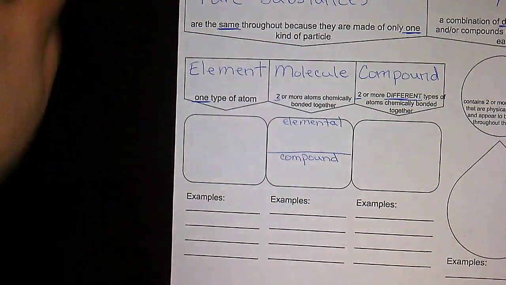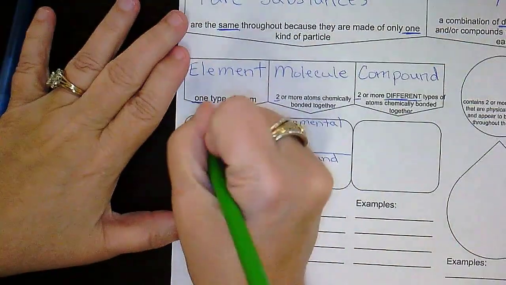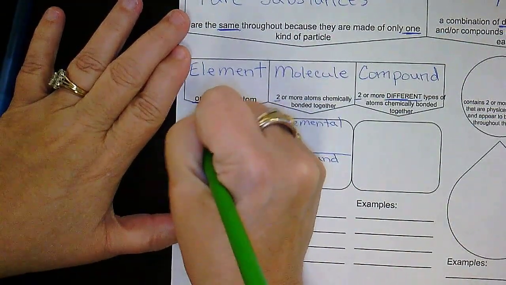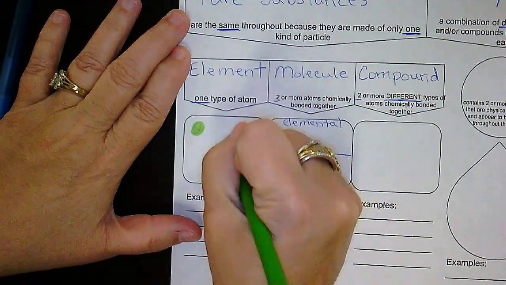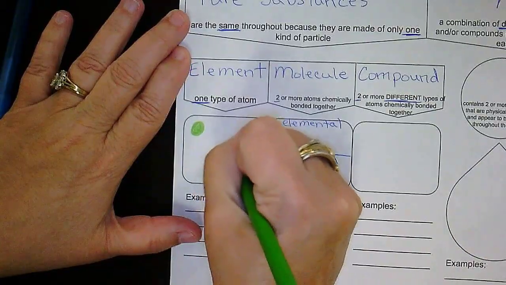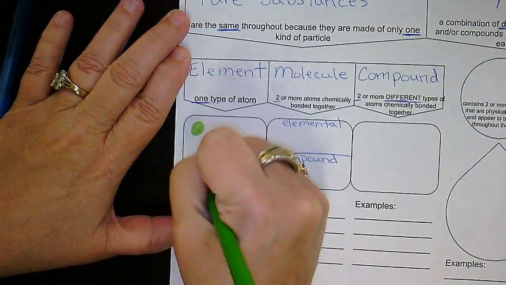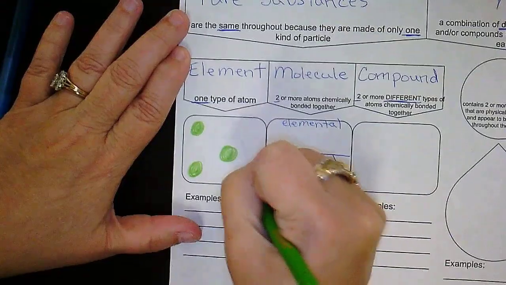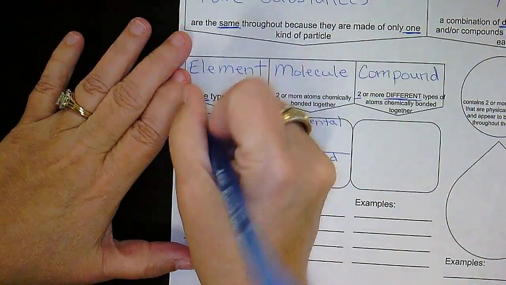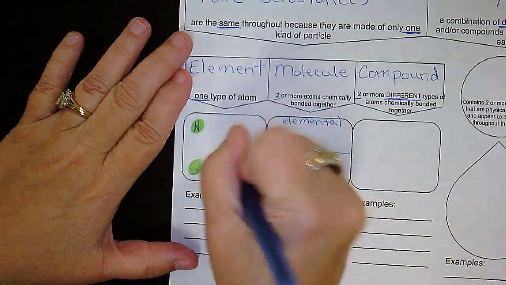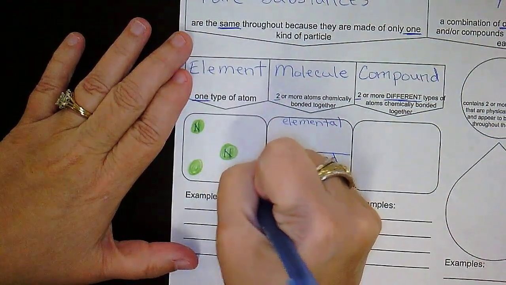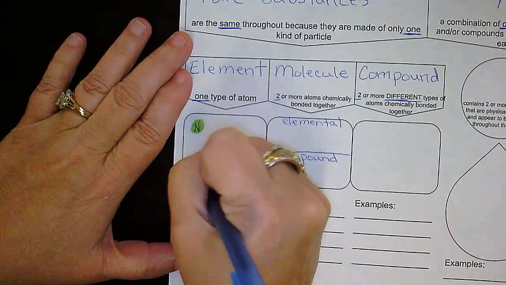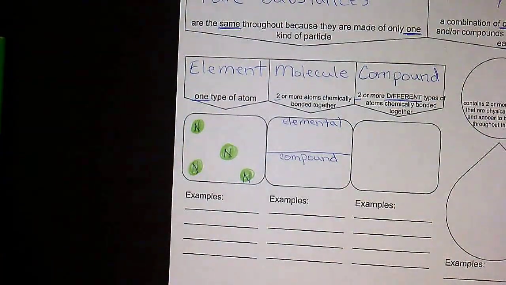If we were to draw some circles to represent one type of atom from the periodic table, for example, these, and maybe we labeled them with a capital N, which if you look on your periodic table, you could find that N stands for nitrogen. Notice none of them are touching, none of them have a stick attaching one to the other.